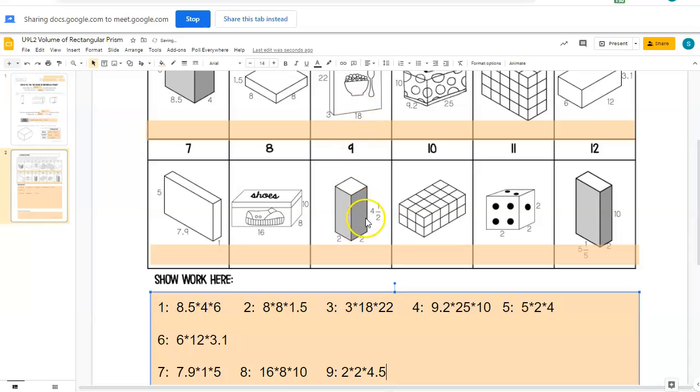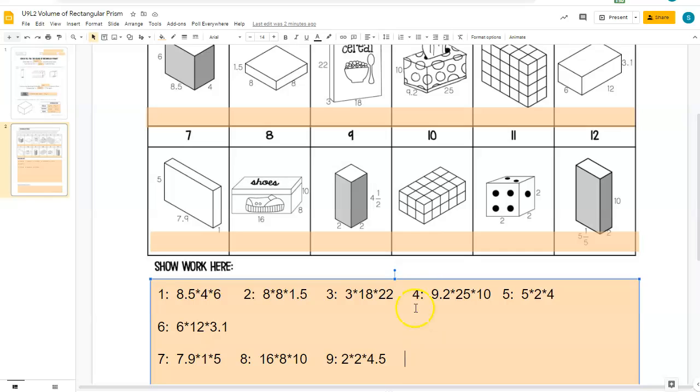Notice that in this case I converted the fraction to a decimal. That would make my answer a decimal. You could also convert it back to a fraction, but for me it was easier to type a decimal than it was to type a fraction. So again, with number 10 here, let's just count the sides. So that's 3 by 1, 2, 3, 4, 5.